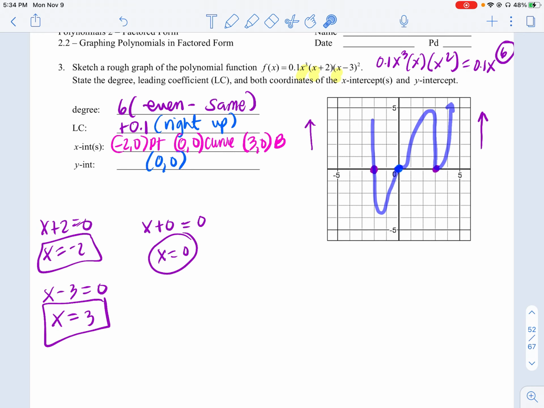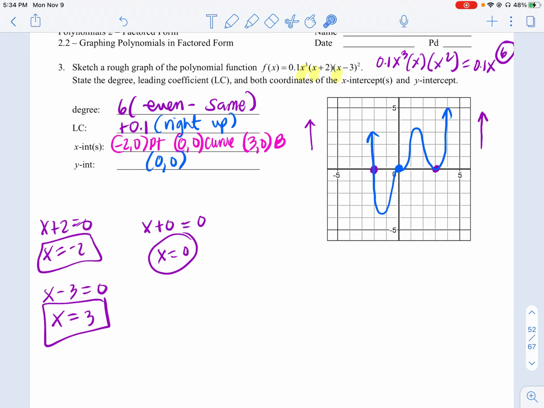So I will pass through, curve, and once I hit that, I will bounce back. And remember, earlier we predicted that the end behavior will go up, in the same direction. And here you go, we have a polynomial that ended in the same direction.